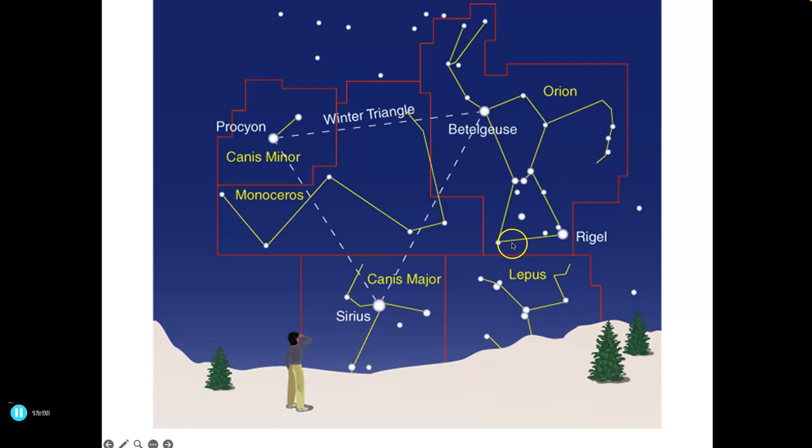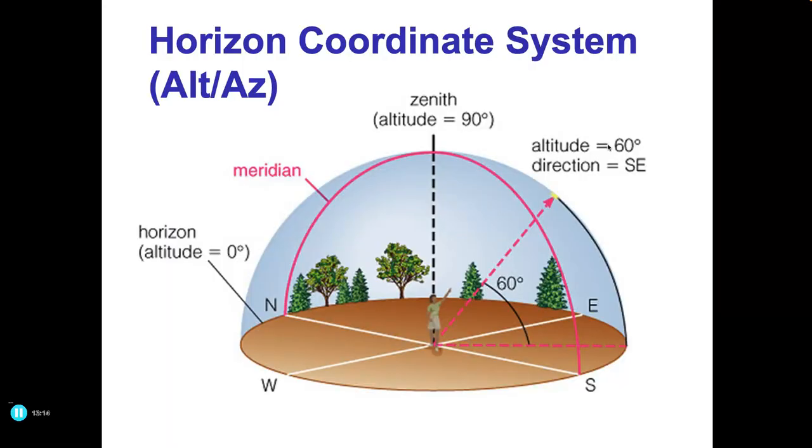But if I told you to point your telescope at a specific star in Orion, you'd look and go, well, Orion is big. It's this big area. Where specifically should I be pointing my telescope? And that's where having maps that tell you where you're looking in the sky specifically can help immensely. And there's a couple of main ways of mapping out the night sky.